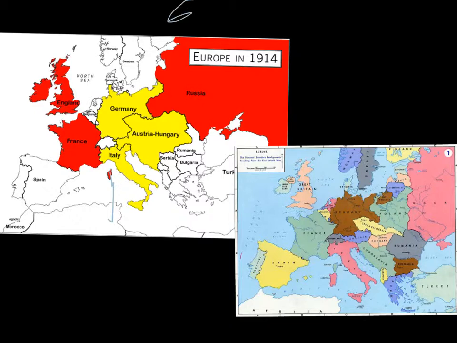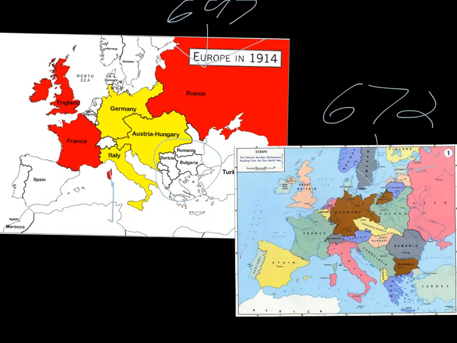Between pages 647, that would look at this map, and 672 will look at that map. So you can see it in your textbook. There's two differences.